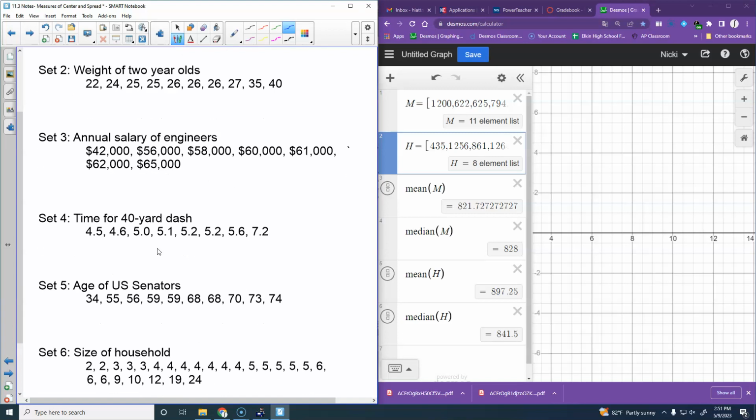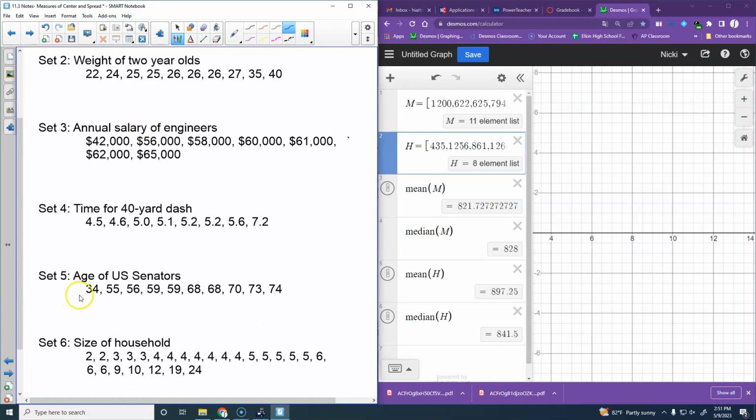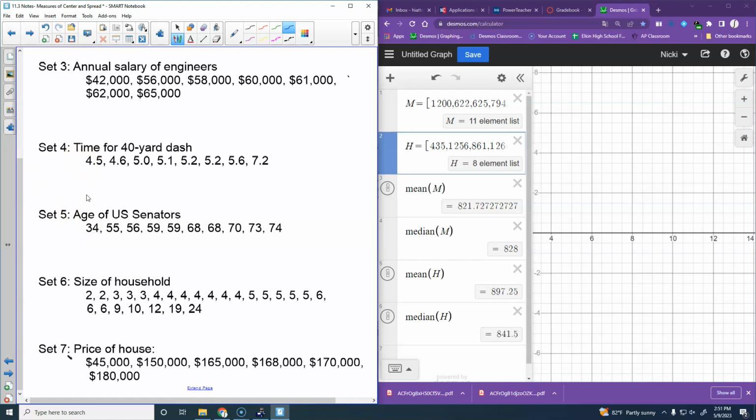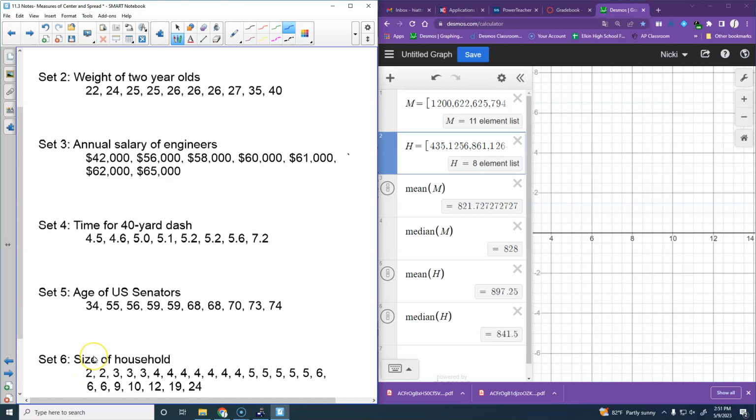You two do set 4. Lanaya and Kama, you guys do set 5. Caitlin and Lexi, you guys do set 6. And Aiden and Giancarlo, you guys do set 7 for me. So find the mean and the median of both of these.